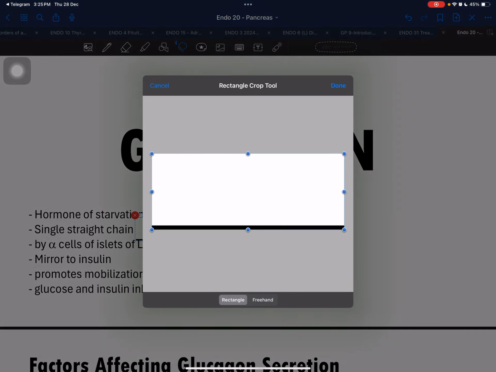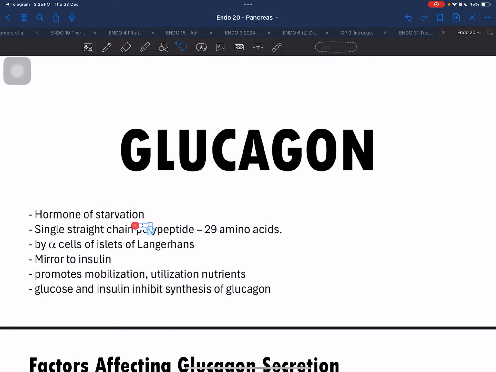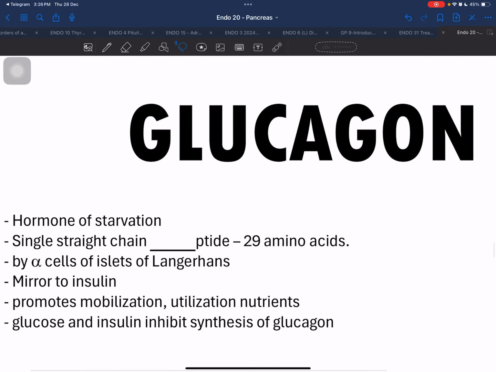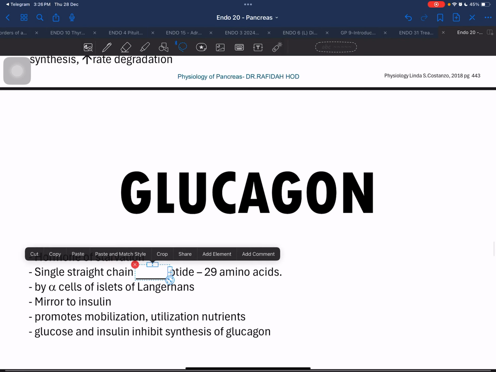But when there is high amino acid concentration, glucagon is also secreted. Yang ini dia sama dengan insulin. Insulin pun high amino acid, dia akan promote the secretion of insulin. Untuk insulin, so sama untuk glucagon, high amino acid dia akan stimulate glucagon secretion.